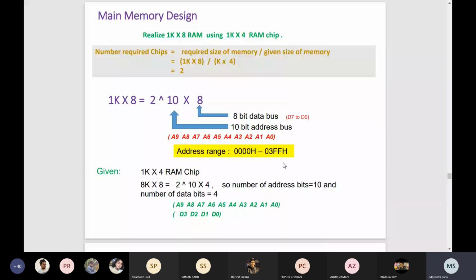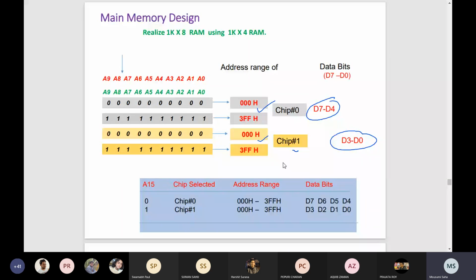I have done something wrong here. That should be D0 to D3.